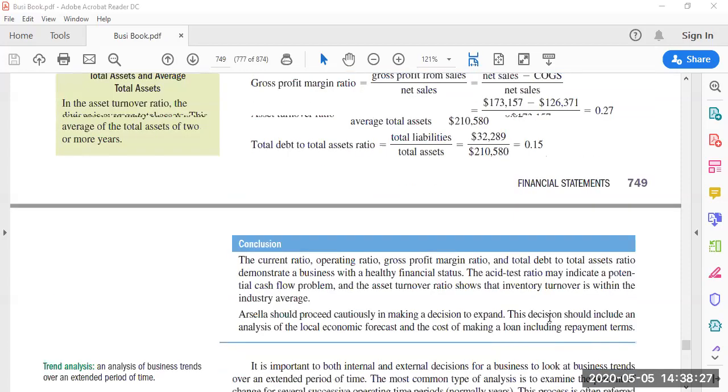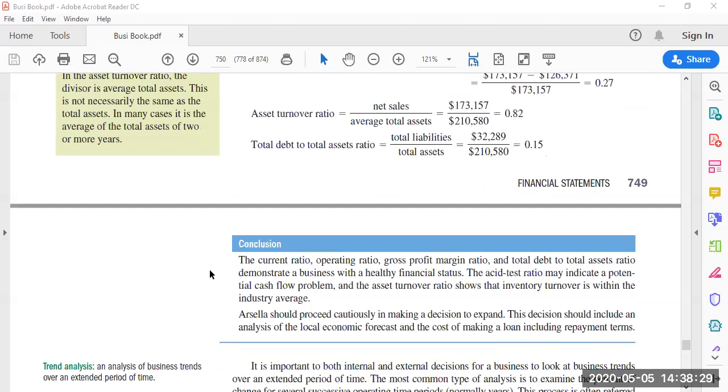In conclusion, based on the information, the current ratio, operating ratio, gross profit margin ratio, and total debt to total asset ratios demonstrate a business with healthy financial status. The asset test ratio, remember, that was less than 1, may indicate a potential cash flow problem. It's not a sign that the company is doing bad, but they just don't have enough cash.